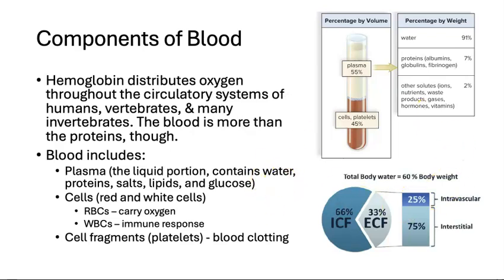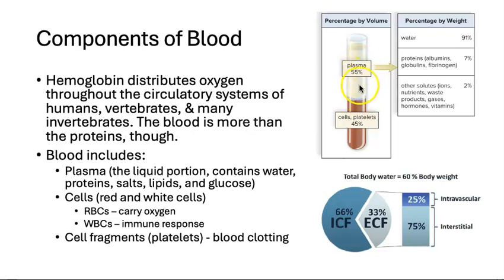So that's the job of our red blood cells down here: to carry that oxygen and distribute it to our oxygen deprived tissues. We also have our white blood cells I mentioned down over here, and their job is our immune response. And we also have our platelets, which are really cell fragments. They come from a cell called a megakaryocyte, and they can help clot our blood when needed.